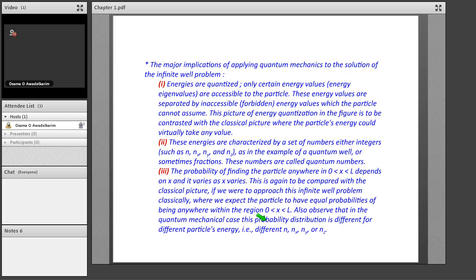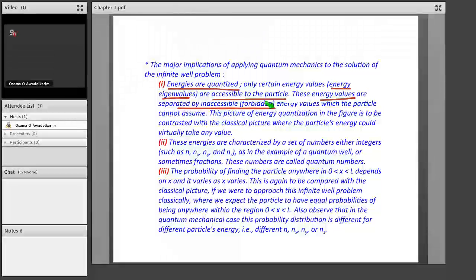Okay? So the major implication of quantum mechanics to the solution of the infinite well problem is that energies are quantized, they're not continuous. Only certain energy values that are called energy eigenvalues are possible or accessible to the particle. These energy values are separated by inaccessible or forbidden energy values, which the particle cannot assume.